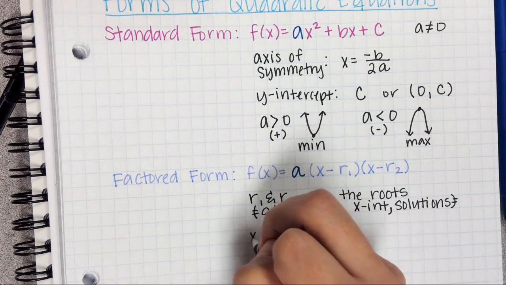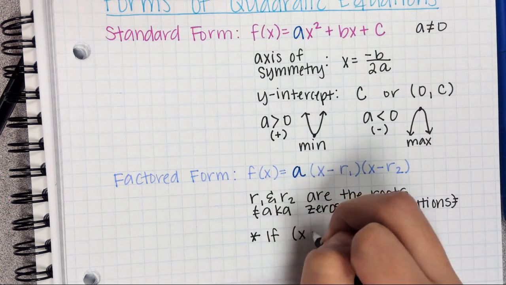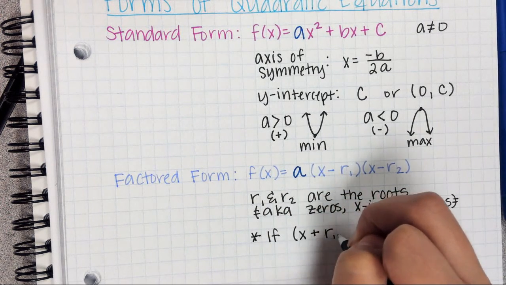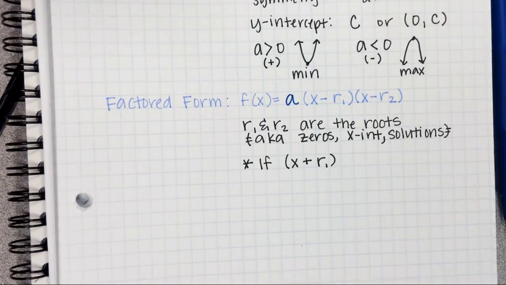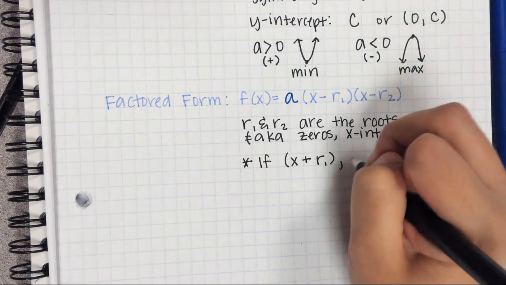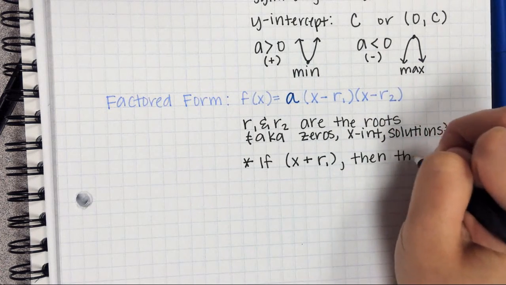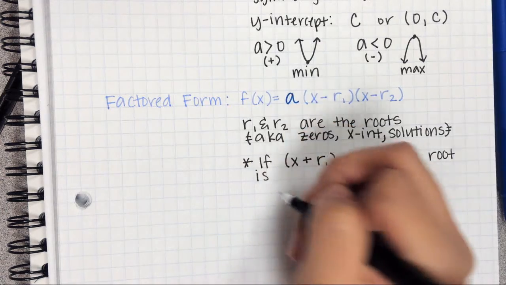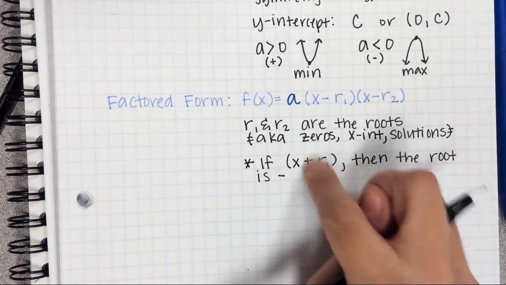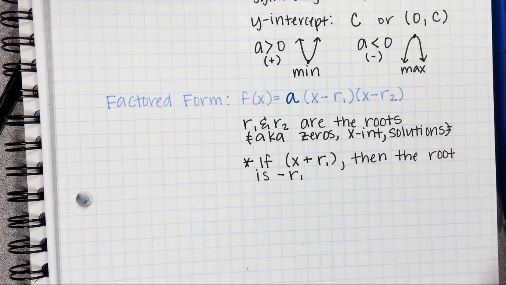You should note if it's x plus r1, if this is a plus instead of a minus when it's written out, then the root is the opposite of what you see in r1, or r2 if it's r2.